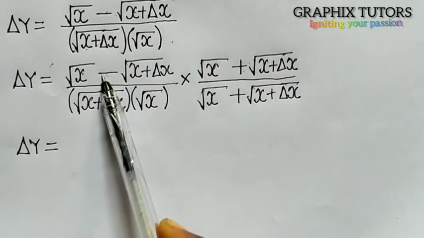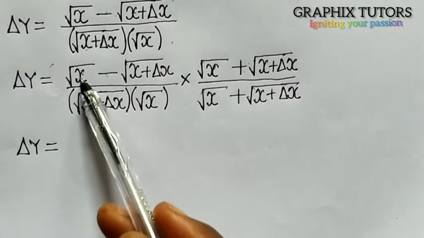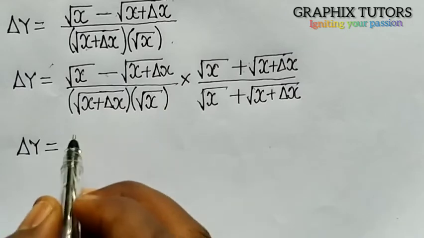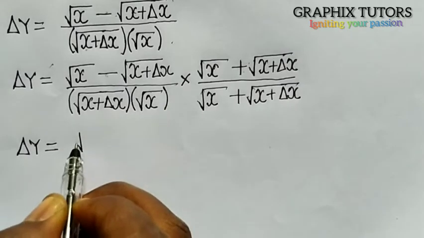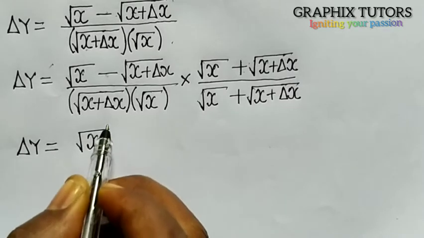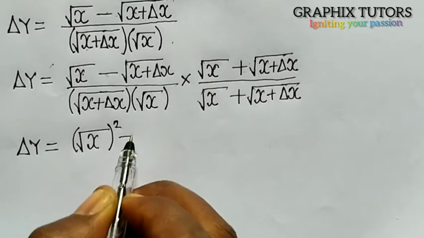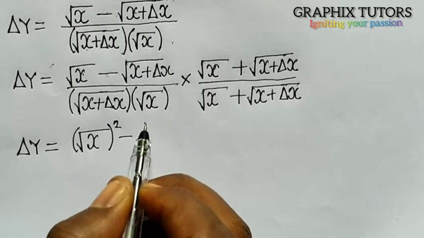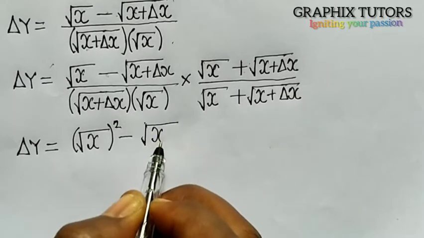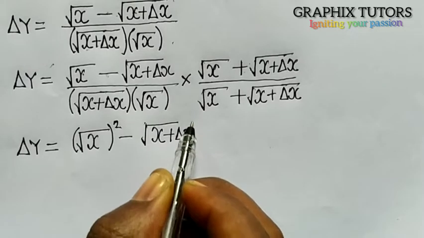Let me say this is the conjugate of this. Because of that, you are going to square the negative part of the conjugate, right? So that means this will not be the square root of what, x, I'm going to square it, minus the square root of x plus delta x, and I'm going to square it.